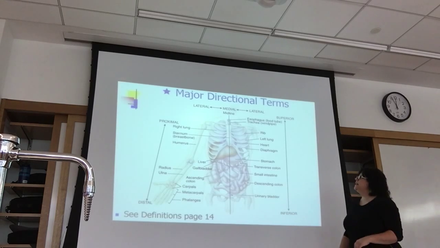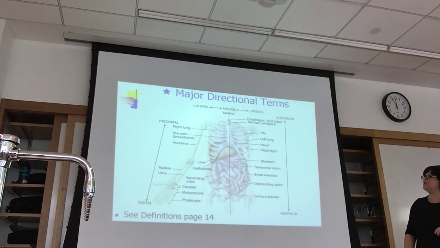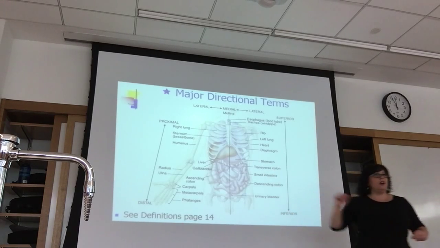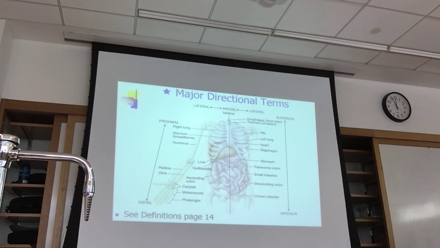Okay. So you should know the locations of the organs, specifically the ones that are listed here, but also some of them you can't see on this diagram. You can't see here the kidneys. Where's the kidneys? In the back. Have you ever had a kidney stone pain?